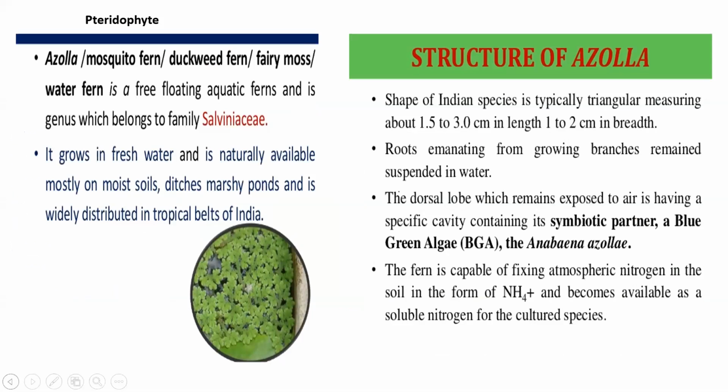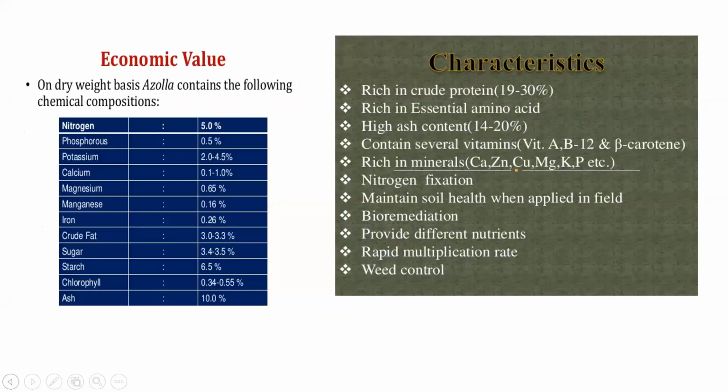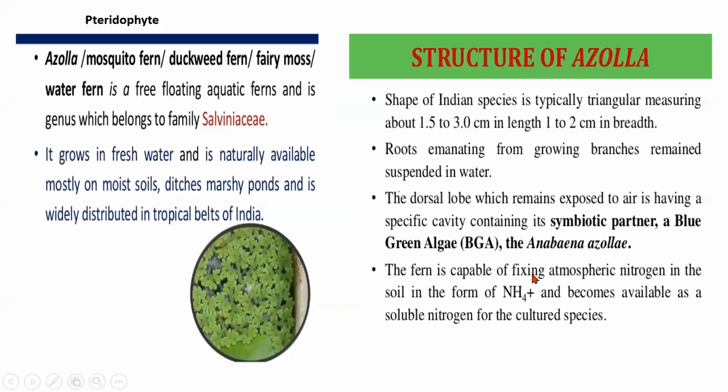So it lives in symbiotic association within the cortical region, in the intracellular spaces of the pteridophyte. And just because of the presence of Anabaena azollae, the fern is capable of fixing atmospheric nitrogen, the gaseous form of nitrogen, in the form of ammonium.